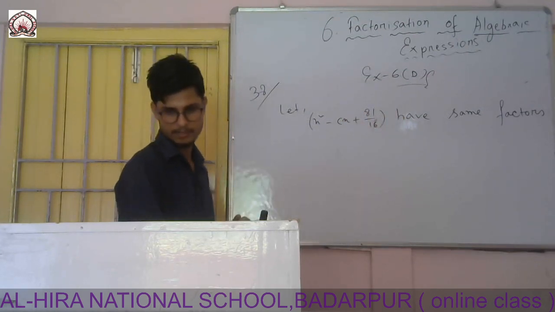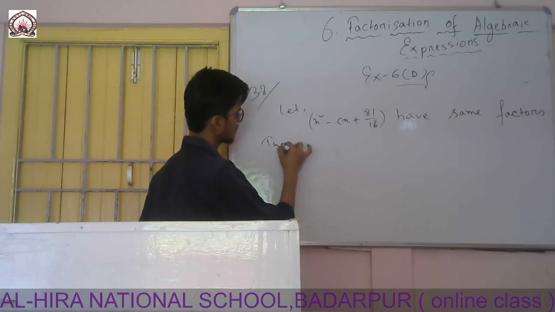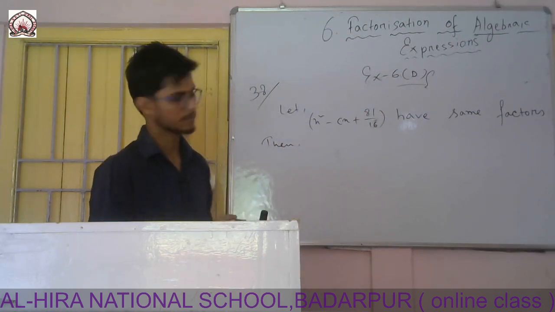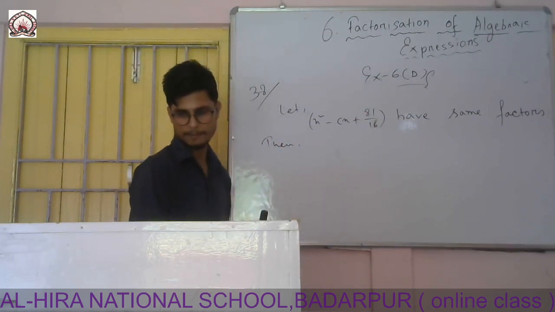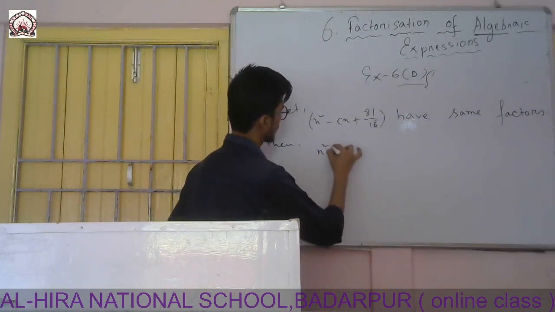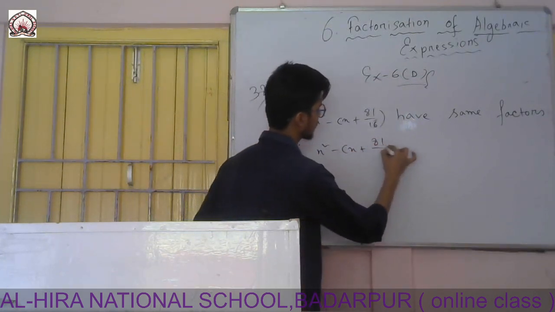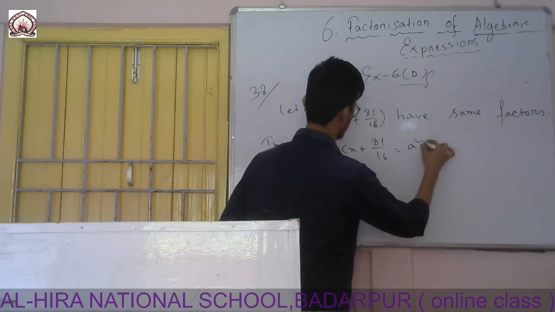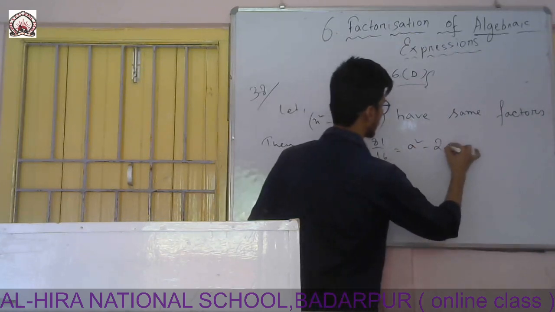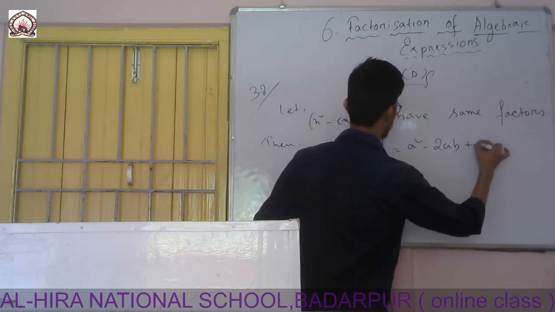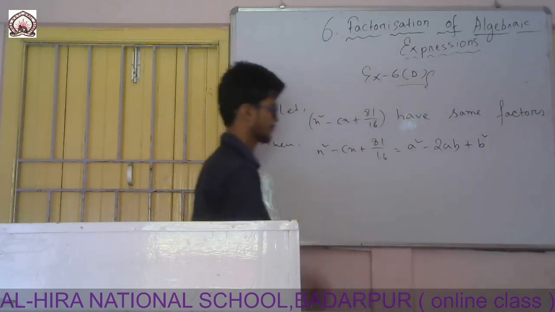Then we can compare it with the identity a square minus 2ab plus b square. So write x square minus cx plus 81 by 16 is equal to a square minus 2ab plus b square. There is a minus sign, so I compare it with a square minus 2ab plus b square.